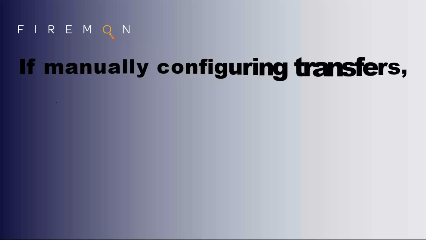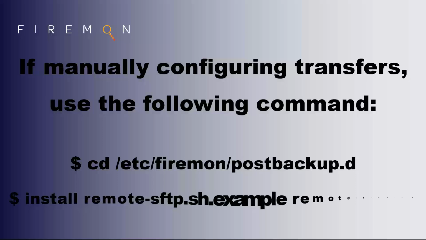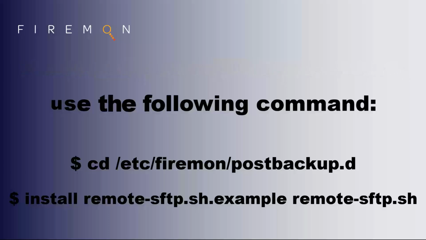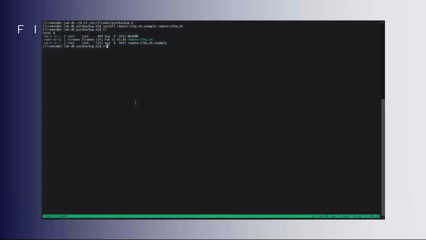If configuring the settings manually, we need to first install the remote-sftp.sh script with the command shown on the screen. This command will basically make a copy of the example file, change the name, and enable its functionality as a script. Next, we change the following parameters to match the remote server location, user credentials, and transfer method.